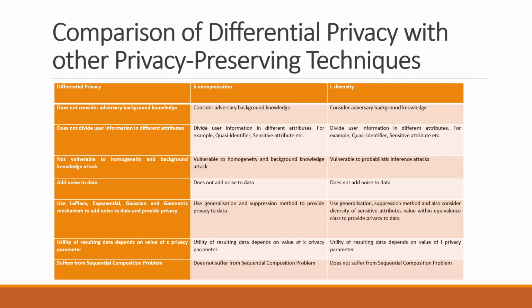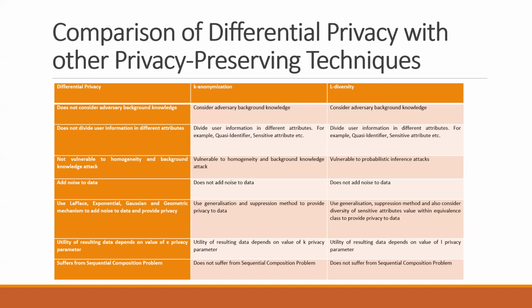The homogeneity and background knowledge attacks, which are possible because of the adversary's background knowledge, are not applicable to differential privacy. Differential privacy adds noise to secure the data, whereas K anonymization and L diversity do not apply noise. Differential privacy uses the Laplace, exponential, and Gaussian mechanisms to add noise, whereas K anonymization and L diversity use generalization and suppression methods to provide privacy.